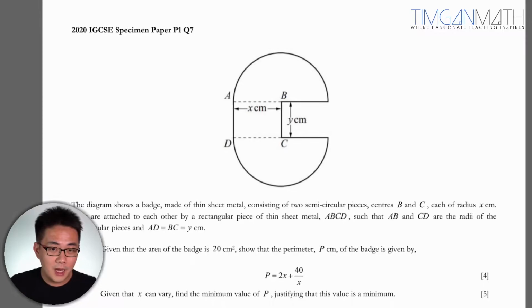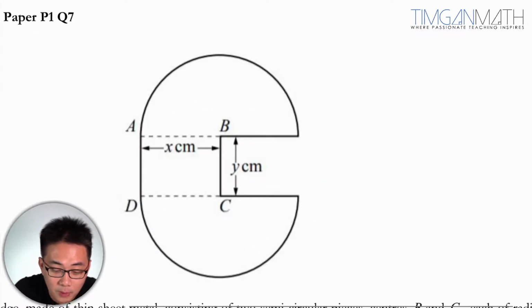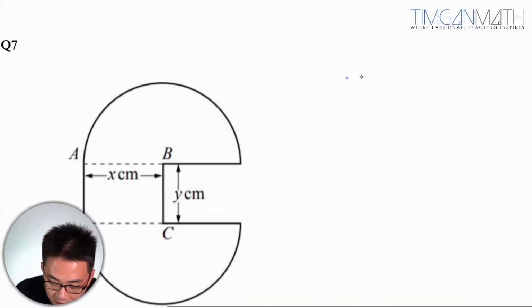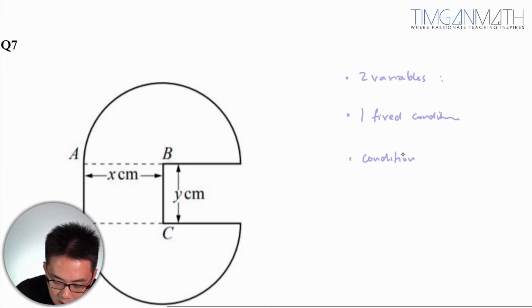Now, for this type of question, in most cases, you need to identify two variables, and after that find one fixed condition. This condition is used to relate the two variables.